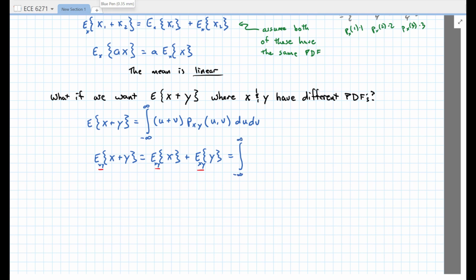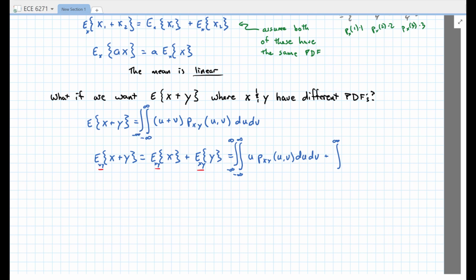So it'll be, in this case, u pxy(u, v) du dv. And technically these are double integrals. I just was lazy in how I wrote it. So we'll continue with the lazy and just remember, actually that's not best.